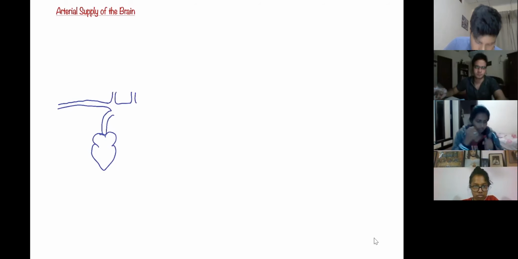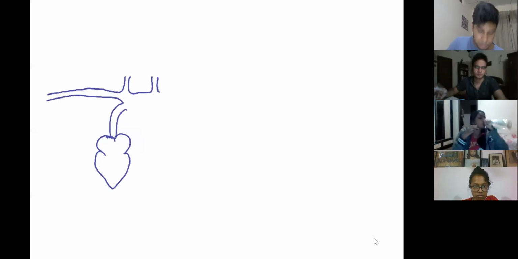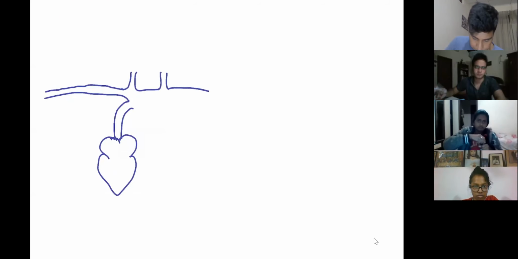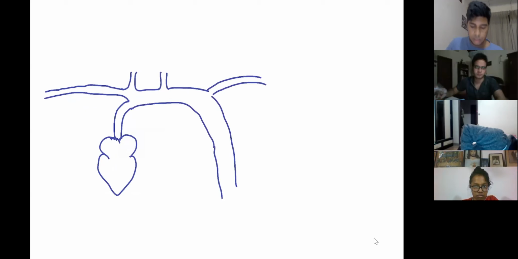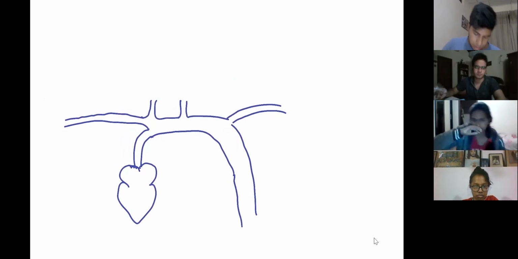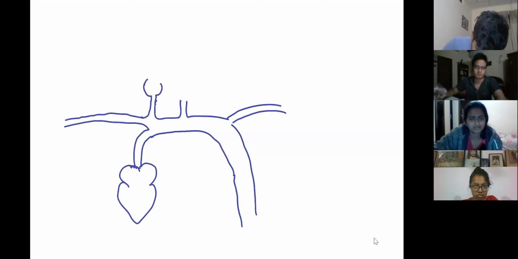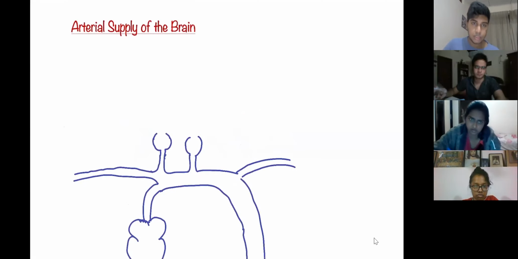The next one is the carotid artery, and finally you have the subclavian artery. This is how the aorta divides. Now we have something called the carotid sinus.